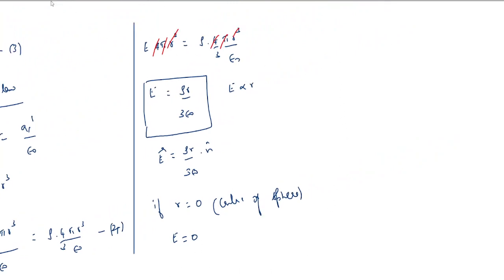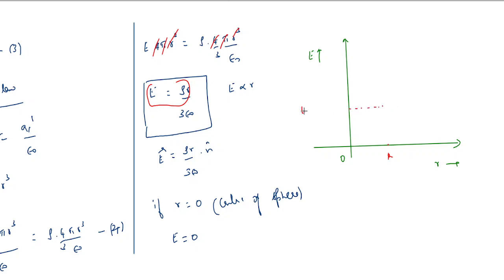If you plot this as a graph of electric field with distance, we take distance along the x-axis and field along the y-axis in terms of magnitude. Somewhere here would be its radius. The field is increasing as seen here, and at some point here the field is maximum.